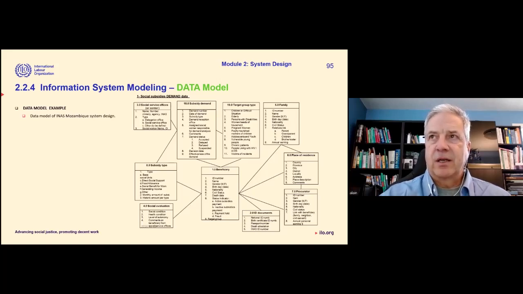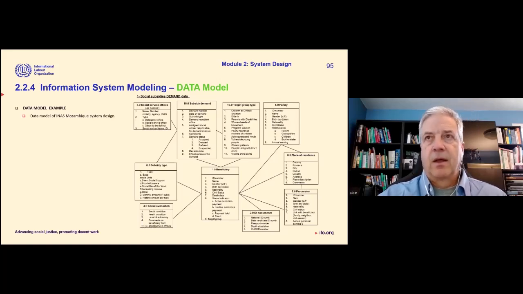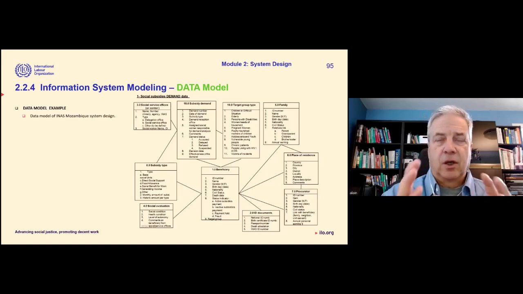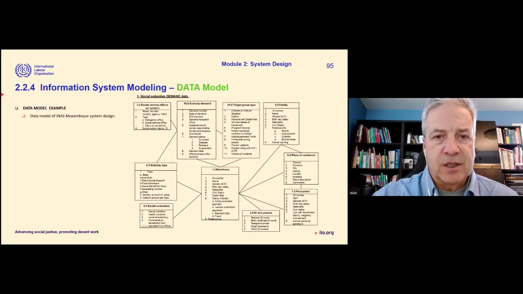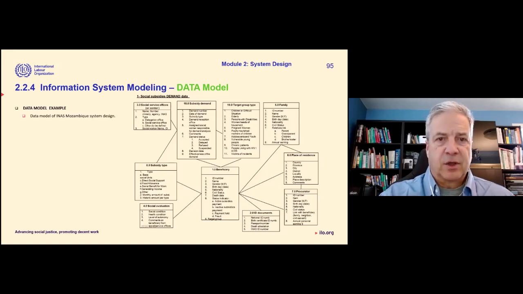A beneficiary can be linked to a family. So you have a family representative, who has their own ID number and the place of residence. They have the procurator. If it is an old person, in this case they need a procurator. And you have the information about the subsidy demand form, a specific occurrence. That's box number 18.0, subsidy demand.